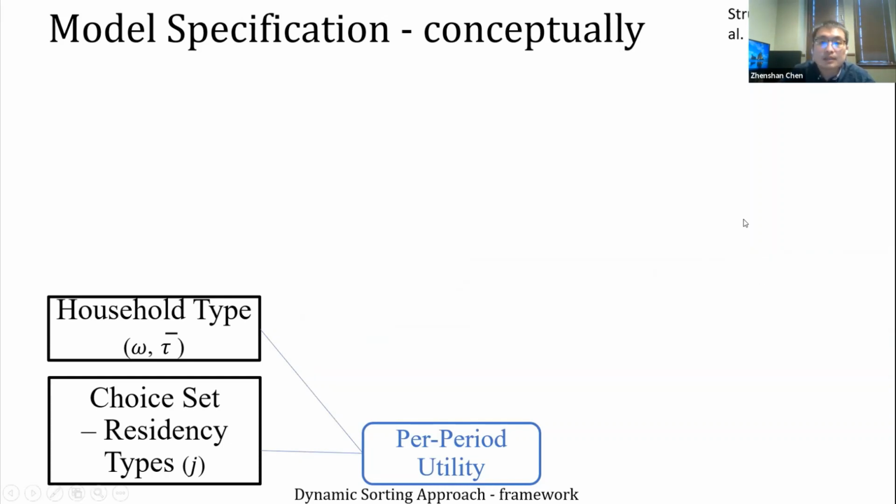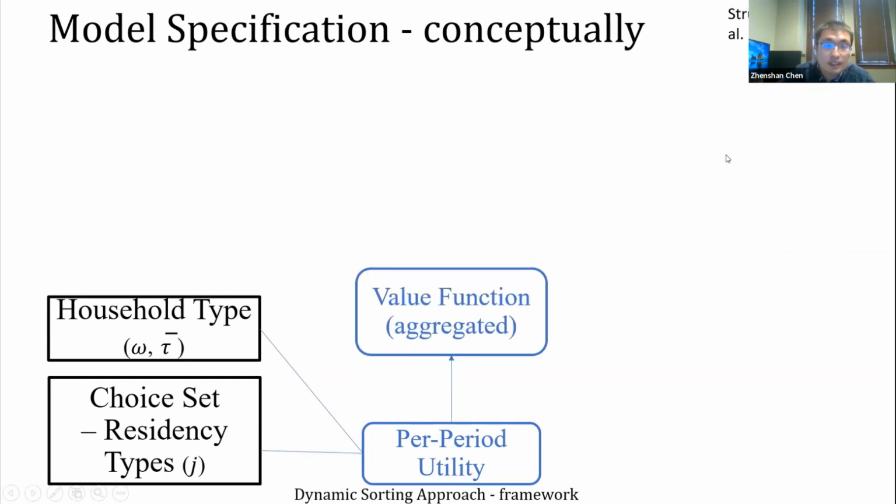So let's look at the model. Just conceptually, I don't think I have enough time to go into all the details. We have different household types and different choice sets, that is, different residence types. For each household type, they'll have a per period utility for each residence type.